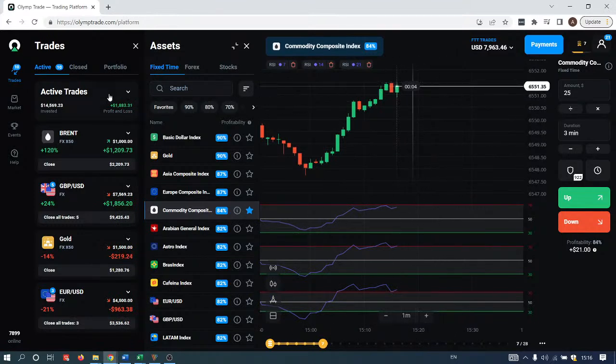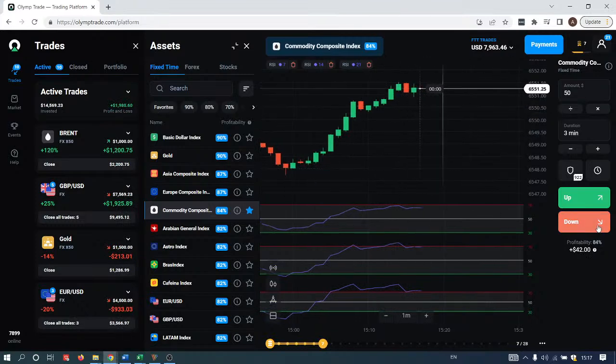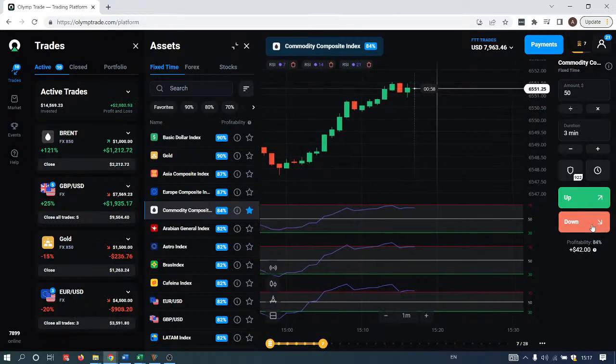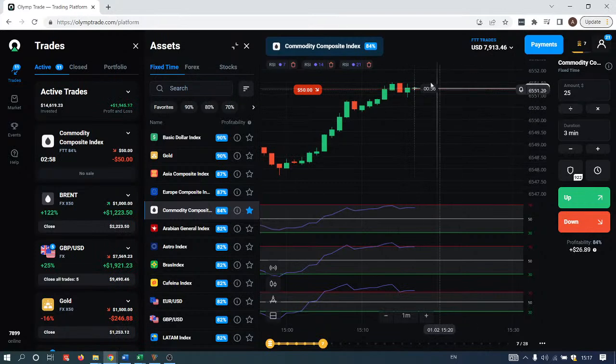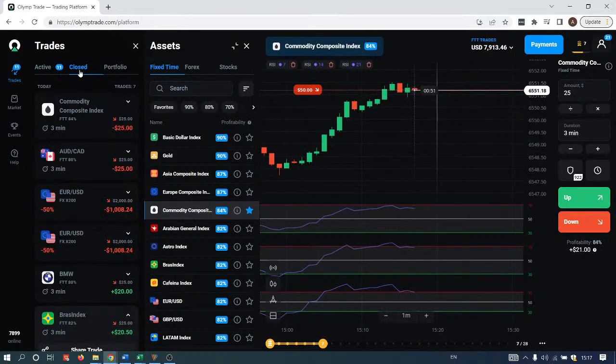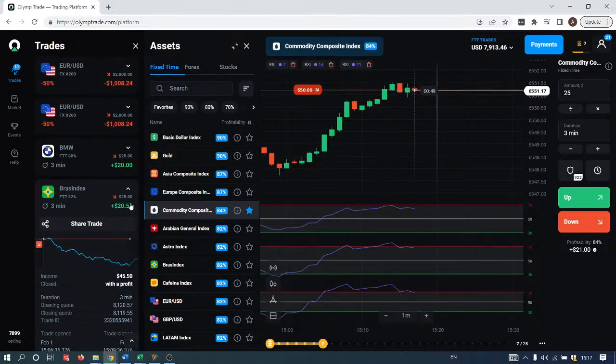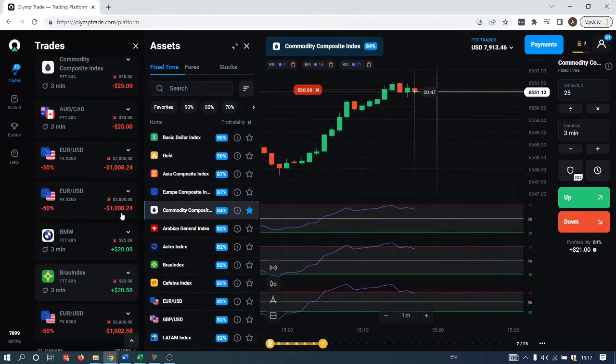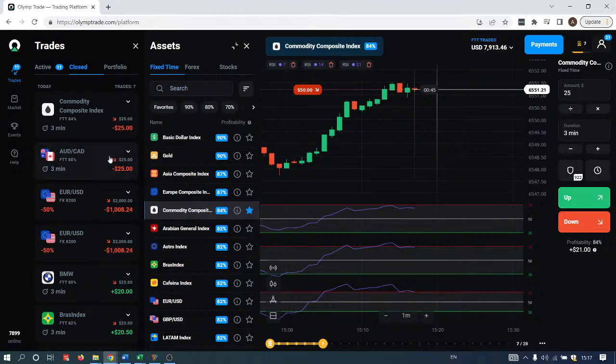I don't know, commodity composite index. Shall we try? Well, this one seems to not have been affected by the news, so we can open a trade here. Commodity composite index downwards. One, two, three, four.